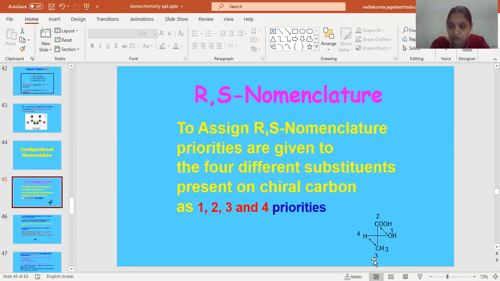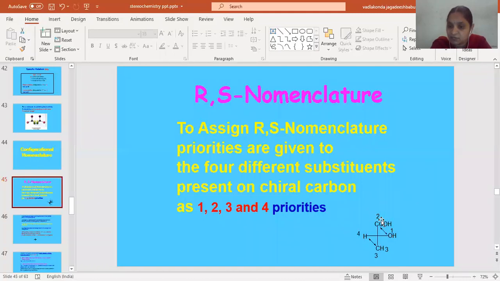Then coming to COOH and CH3, when we consider the first atom in these two groups, carbon is the first atom, so we have to go for the priority of the second atom. We have to search for the second atom connected to the first atom. Here oxygen is attached to the carbon, whereas here hydrogen is attached.